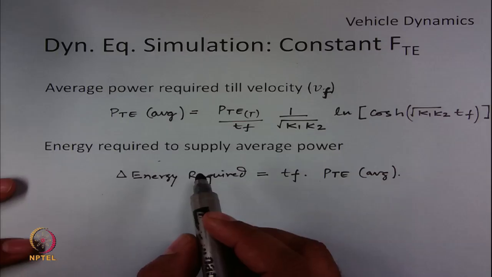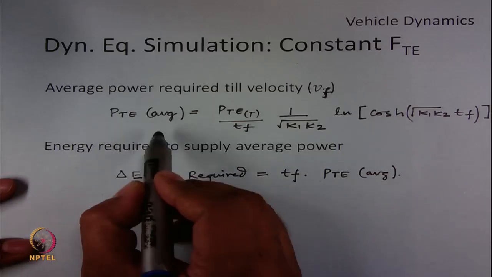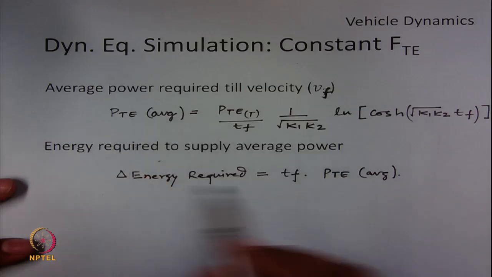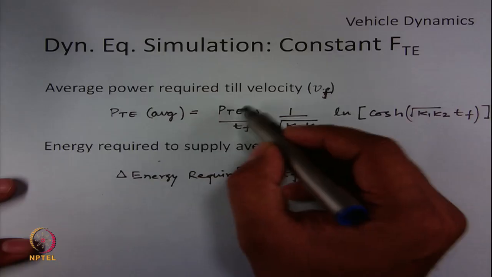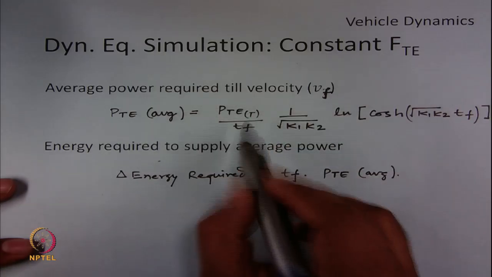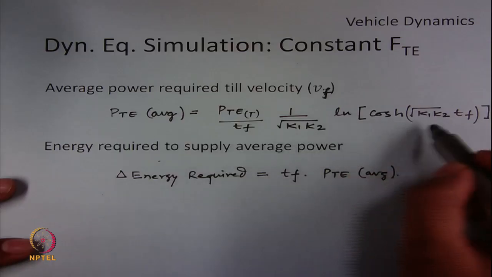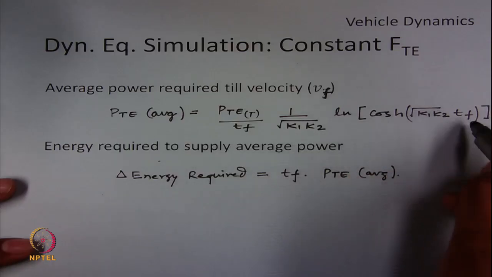So in our previous interaction, we have also seen the calculation of average power due to tractive effort, which is a function of Pt terminal velocity divided by Tf, 1 by root of K1 by K2 into log of cosh root of K1 K2 Tf.